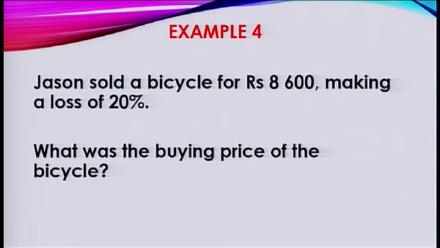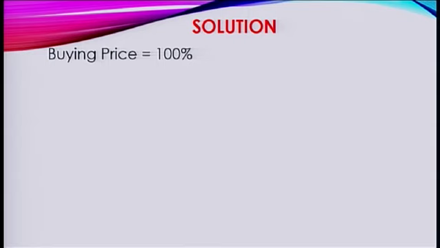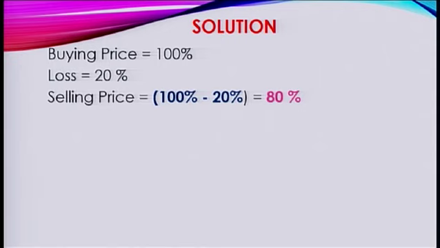We take another example. Jason sold a bicycle for 8,600 rupees, making a loss of 20%. The question is, what was the buying price of the bicycle? How do we do that? Well, we know that the buying price is 100%. We know that we have a loss of 20%. So the selling price will be the buying price minus the loss. That is 100% minus 20%, which is 80%.